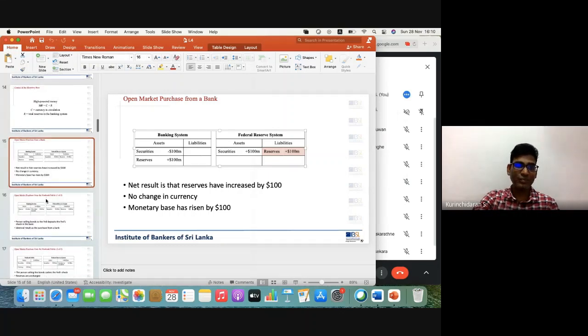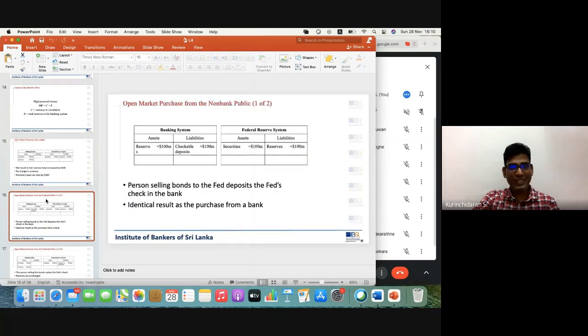Okay. Earlier we discussed open market purchase from a bank. The second scenario may be open market purchase from the non-bank public, other than these banks, or we assume the public. So the central bank purchased the securities from the public. What would be the treatment?